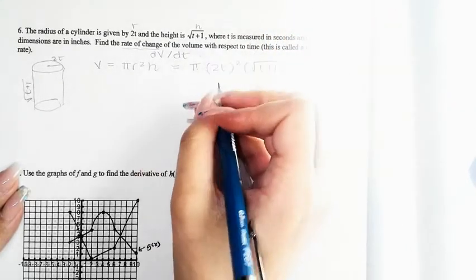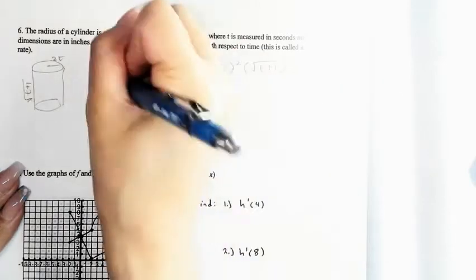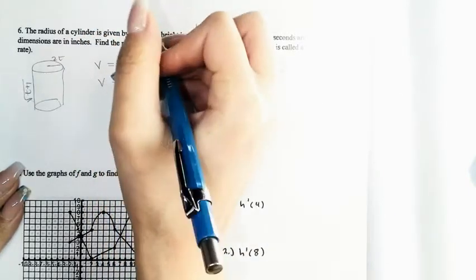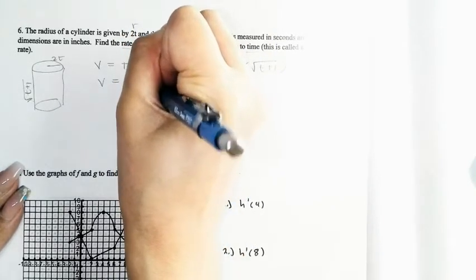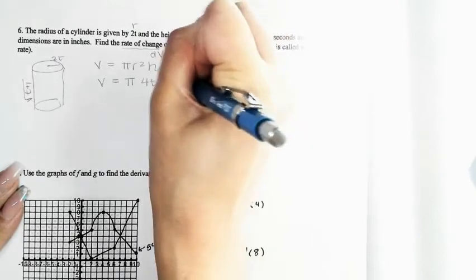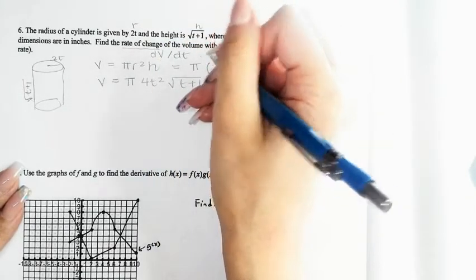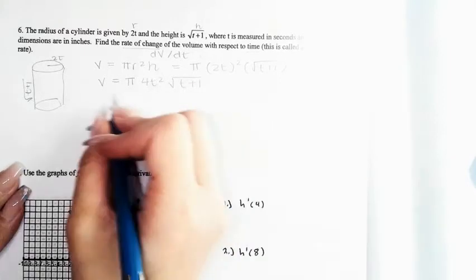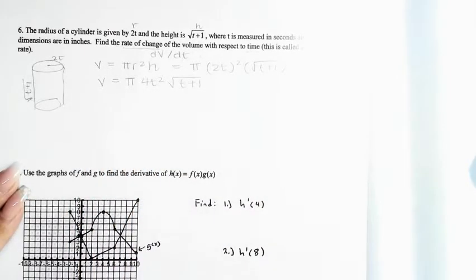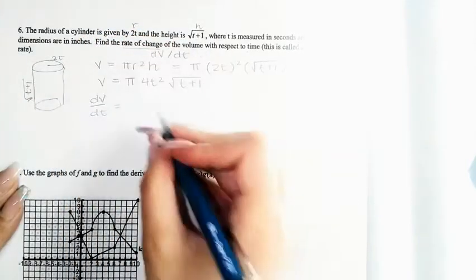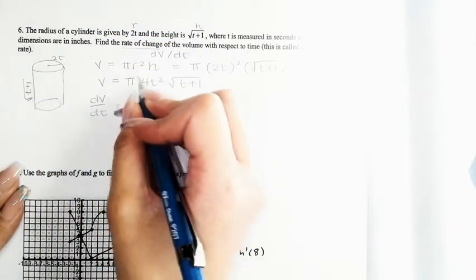So you have a situation like this. In other words, let me rewrite it so you can see it more user friendly. So you have 4 pi t squared times root t plus 1. So this is your equation. To find dV/dt, you need to take the derivative of this equation. So dV/dt is going to be equal to, and you realize, oh, this is a product.